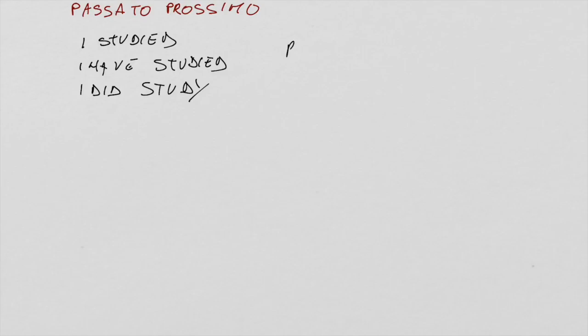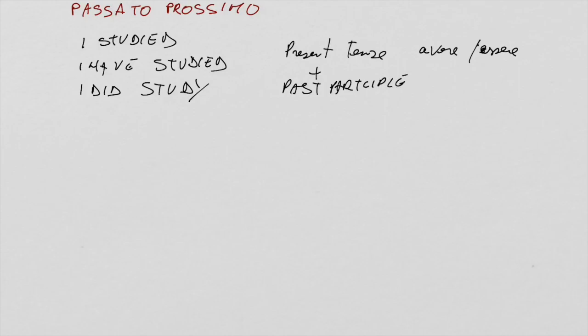a tense that combines the present tense of avere or essere, called auxiliary verbs, plus the past participle of the verb you want to make past.